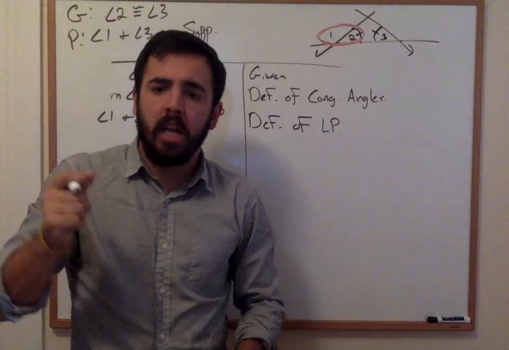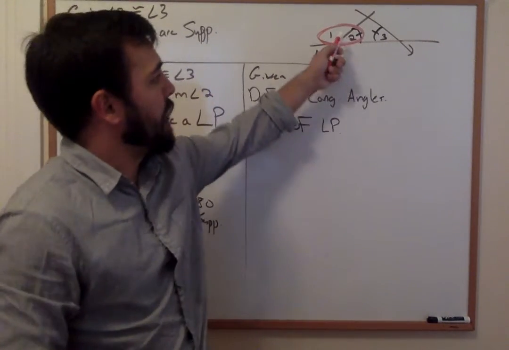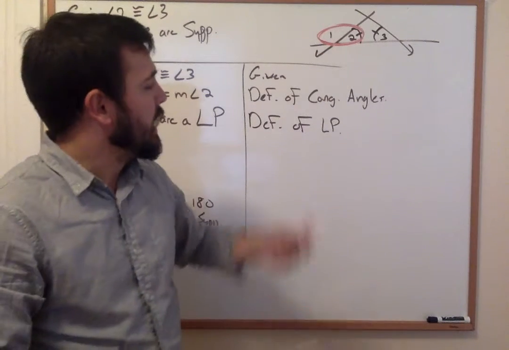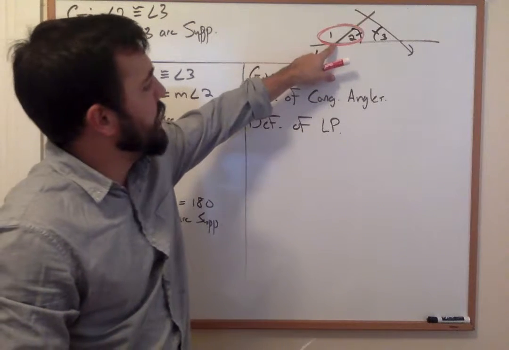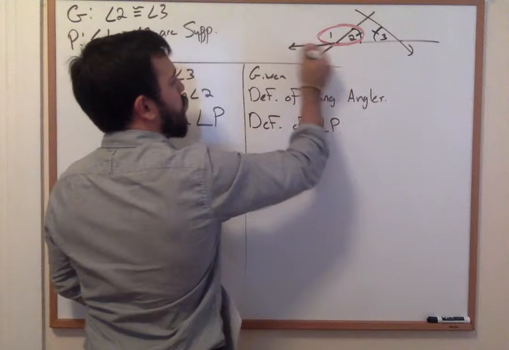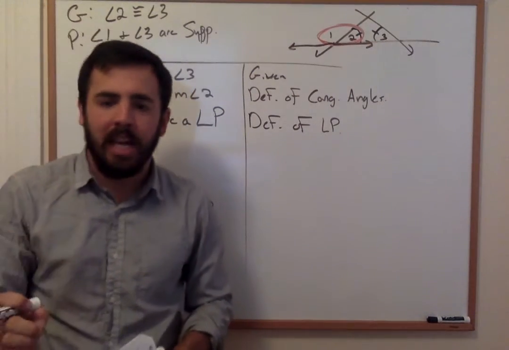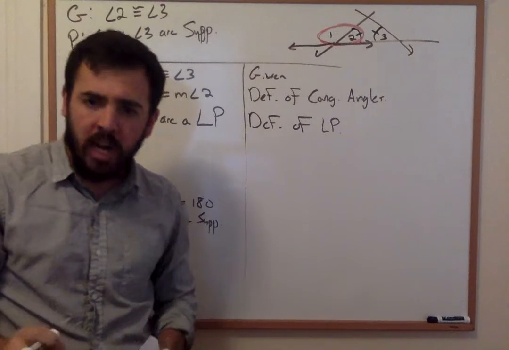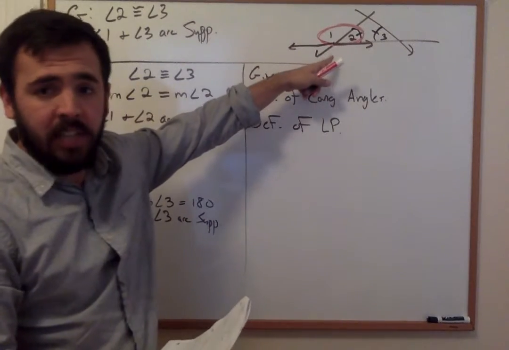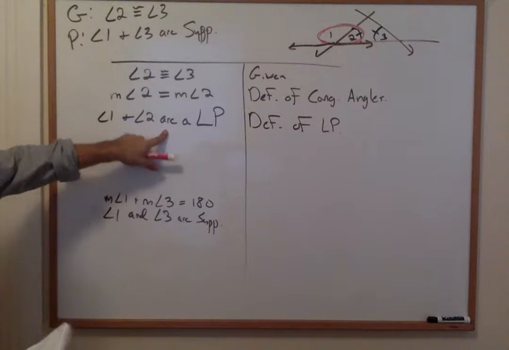Two angles are a linear pair if and only if they have a common side and common vertex, if they're adjacent, and if their non-common sides, so this side for 1 and this side for 2, form opposite rays. That's the definition of a linear pair. Well, this satisfies that definition. Therefore, by the definition, they are a linear pair.